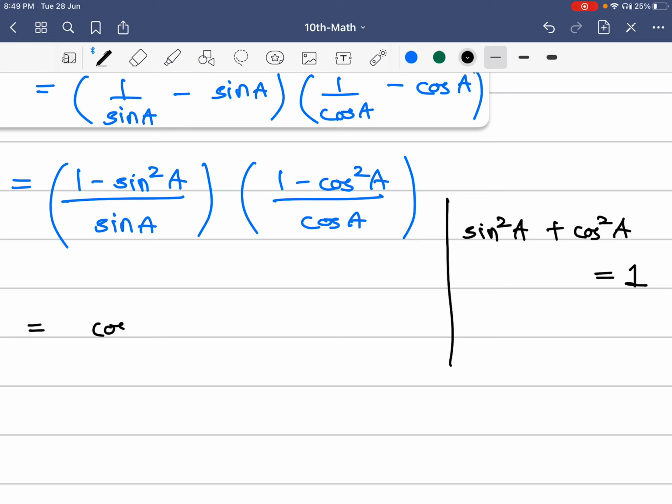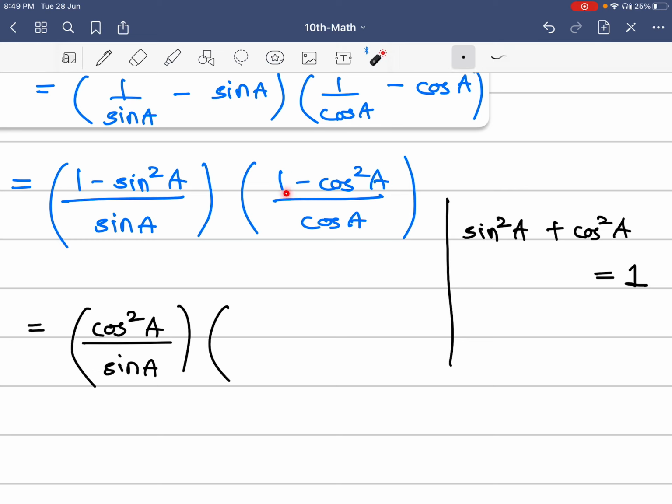This is going to be cos square A the whole upon sine A, my first bracket. And in the second bracket, 1 minus cos square A is going to be sine square A. So I'm going to write here sine square A the whole upon cos A.